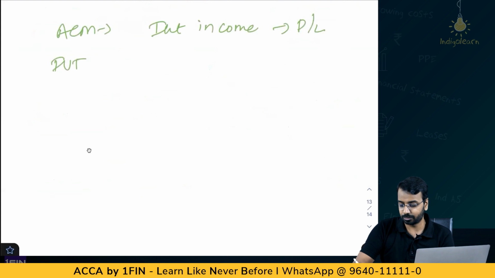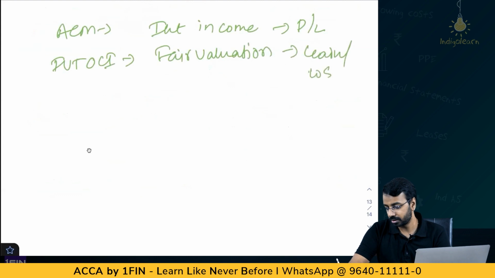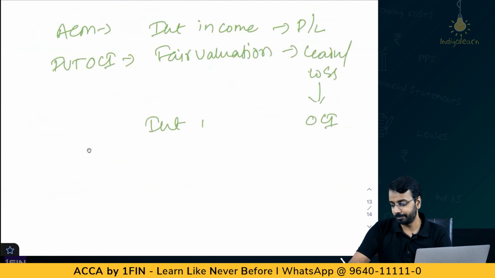Under fair value through other comprehensive income, you do fair valuation, gain or loss is taken to OCI, and interest income again to P&L.